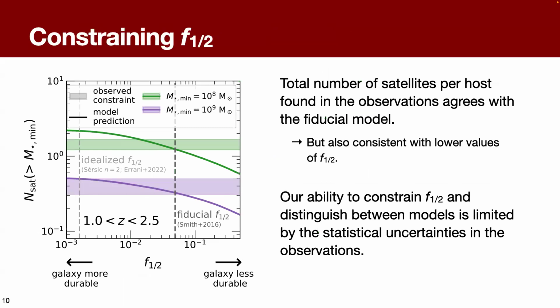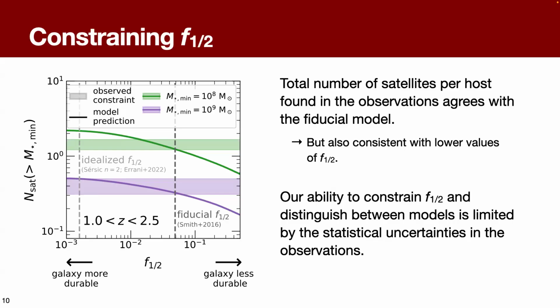Cool. So here I'm attempting to constrain the value of F1 half by plotting the mass function information a little differently. Here I've collapsed the first 3 redshift bins into one, and I'm ignoring our highest redshift bin where the mass completeness limit was poor. And what I'm plotting in these solid colored lines is the average number of simulated satellites per host that fall above 10^8 Msun in green and 10^9 Msun in purple as a function of F1 half for galaxy durability.